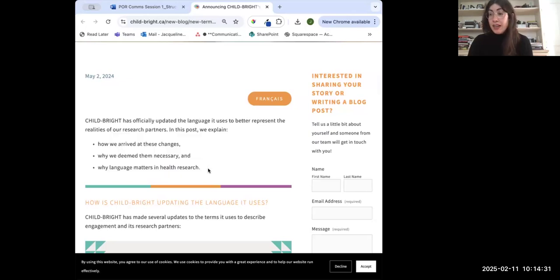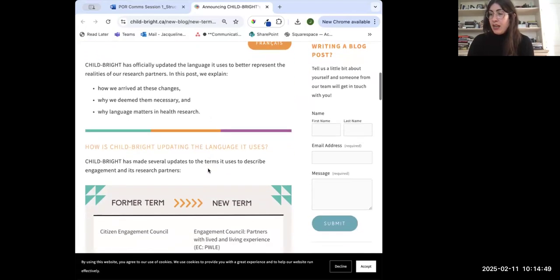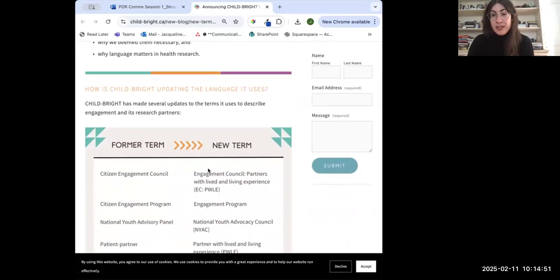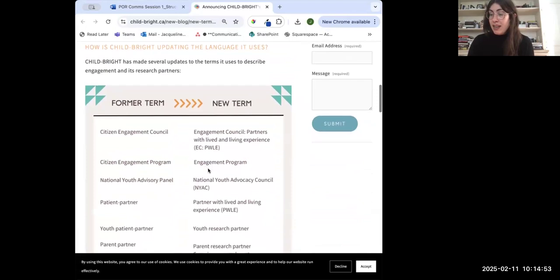And so we explain how we arrived at the changes to our language, why we wanted to do them, and why language matters. So right away, we are trying to get to the emotional component or the story behind this change. And we start with the newsiest part, which is the updates.